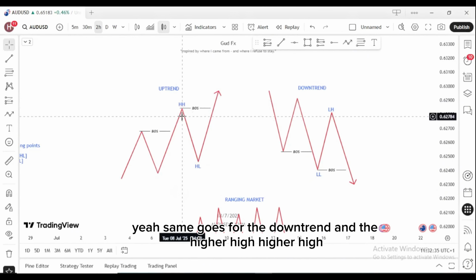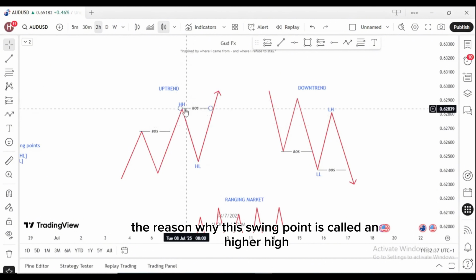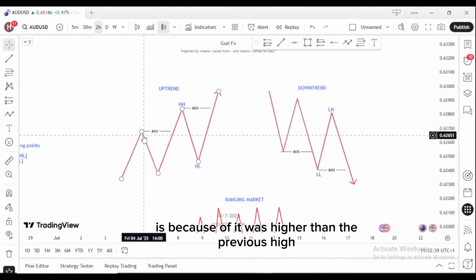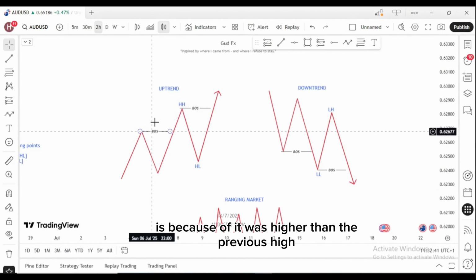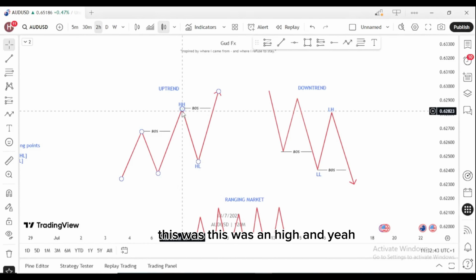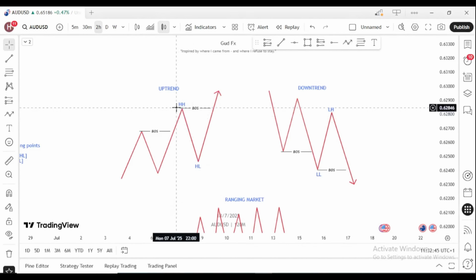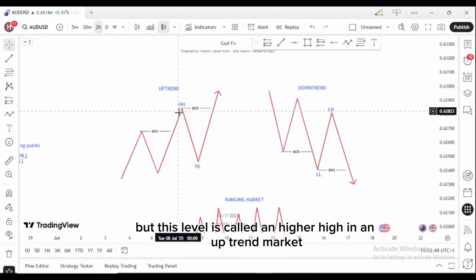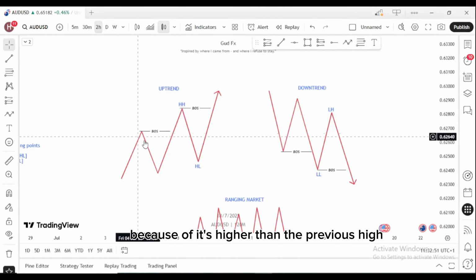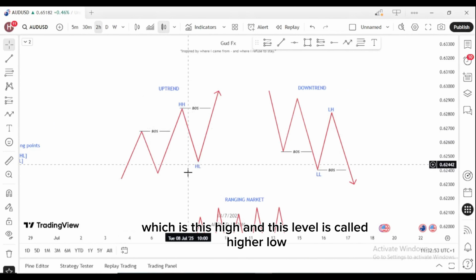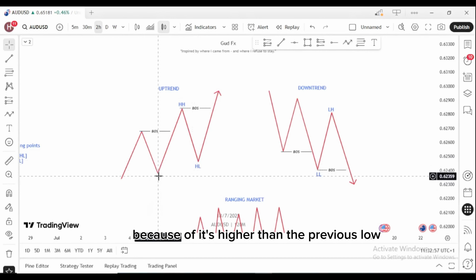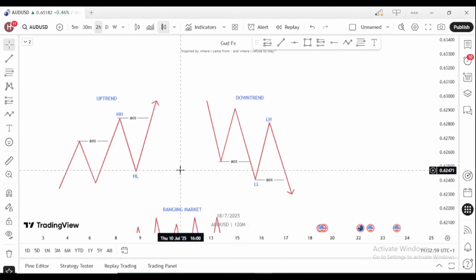And higher high. The reason why this swing point is called a higher high is because it was higher than the previous high. This was a high, and here is also a high. But this level is called a higher high in an uptrend market because it's higher than the previous high, which is this high. And this level is called a higher low because it's higher than the previous low.